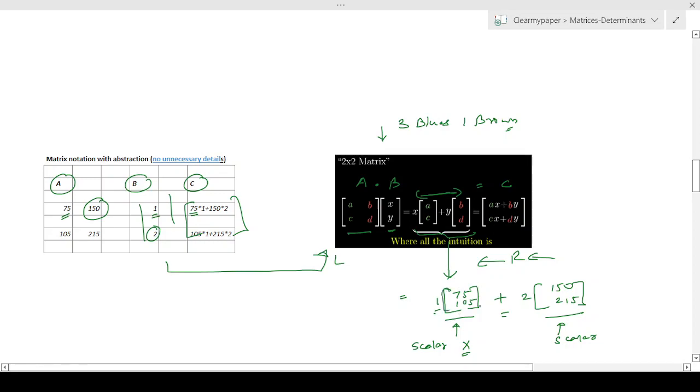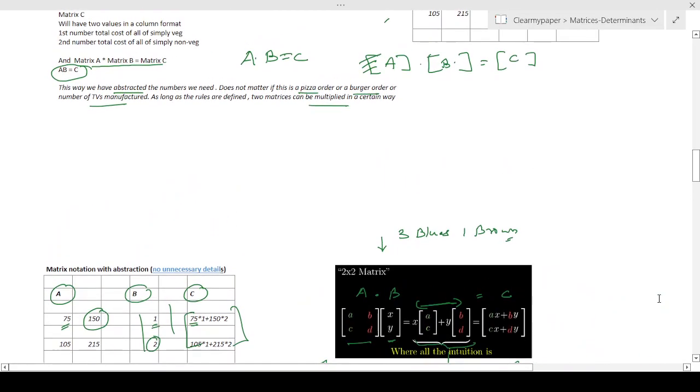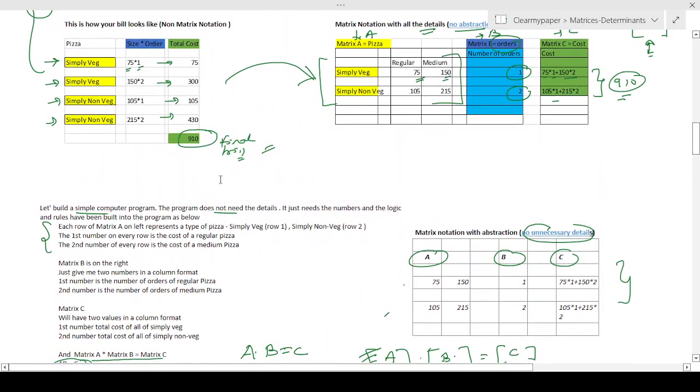This matrix is being scaled by 1 and this matrix is being scaled by 2. Both matrices are transformed, and the type of transformation is scaling. One is being transformed by 1 unit and one by 2 units, and they are added as regular numbers, and the final number is whatever the 9, 10 or whatever we saw earlier, the final cost of the pizza.